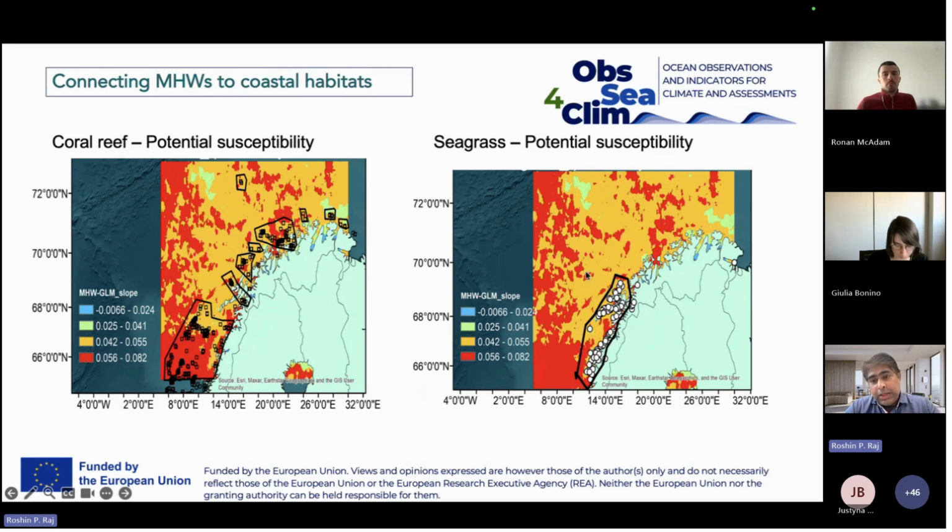You see that the trend is kind of high in those regions. So since we can monitor seagrass from satellite and using AI, that's for the next future training, how to do that, we can connect the marine heat waves directly to the coastal habitats.